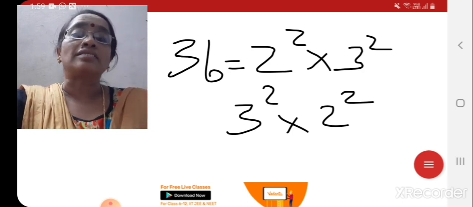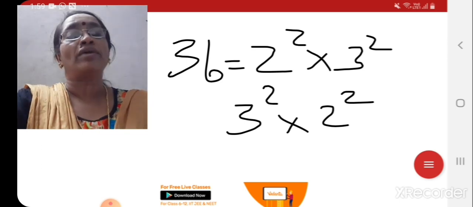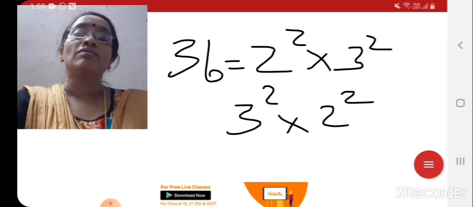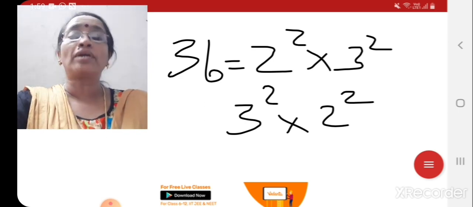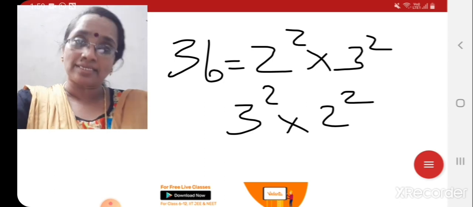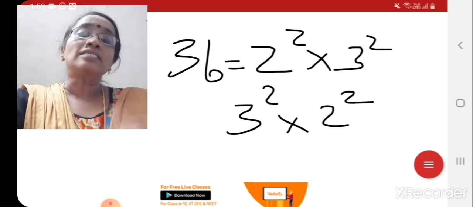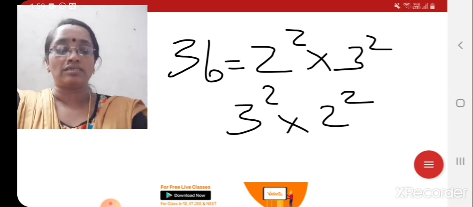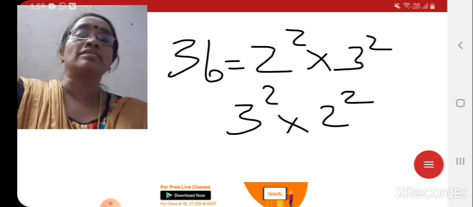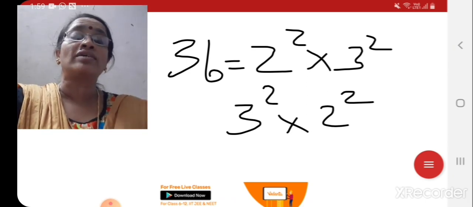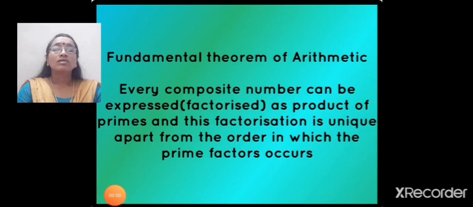So, this is the fundamental theorem of arithmetic. That is, every composite number can be expressed as a product of primes, or you can say a prime factorization, and that prime factorization is always unique, apart from the order in which the prime factors occur.